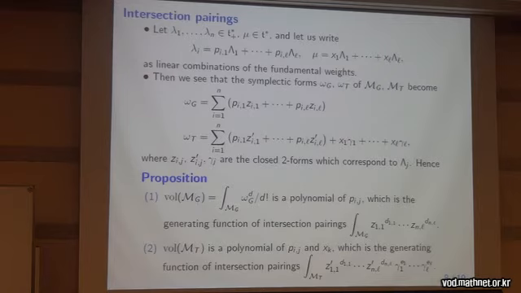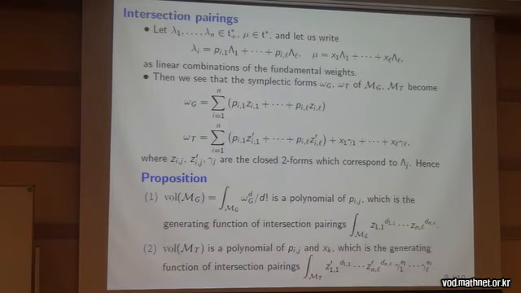Hence, by definition of the symplectic volume, we have the following proposition. Namely, the volume of Mg, defined by this formula, is a polynomial of the coefficients p_ij in this expression, which is a generating function of intersection pairings in this form: the product of some z_ij's integrated over Mg.